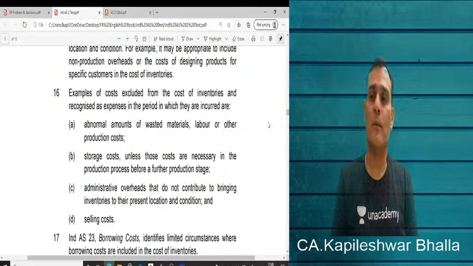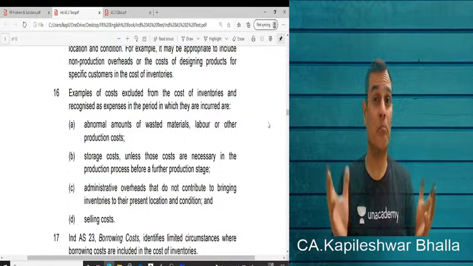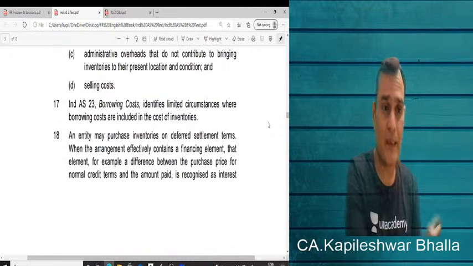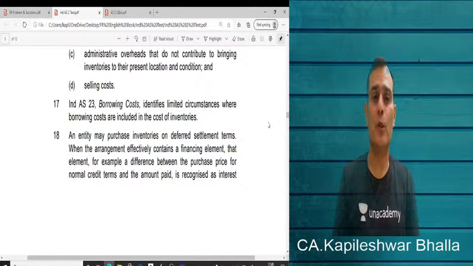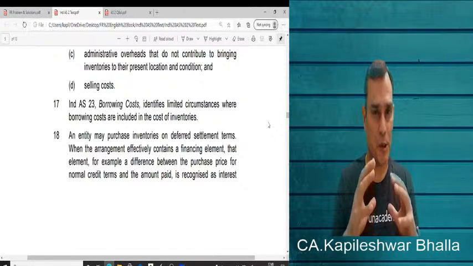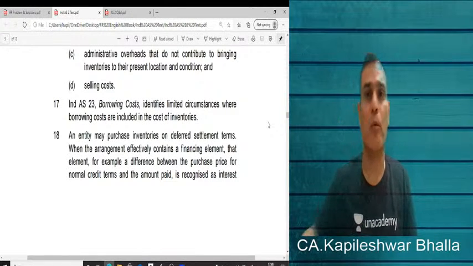But I'm sure you would be keenly interested in knowing about the third cost, which I said may or may not be included. That is given in para number 17, which also gives us a little insight into one clarification which generally I see students a little confused about, and that is borrowing cost.